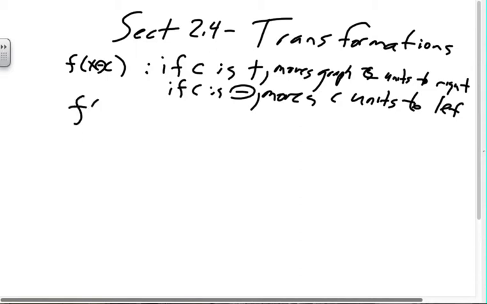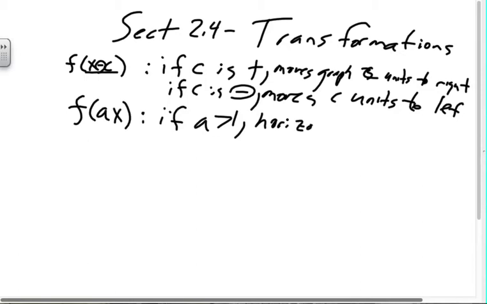So I've got the function, I'm multiplying x by some constant. Now notice here I'm changing the value of x and not the value of y, of f of x, just the value of x. So if a is greater than 1, this is a horizontal compression.